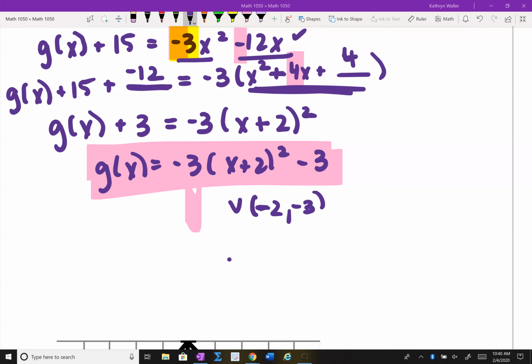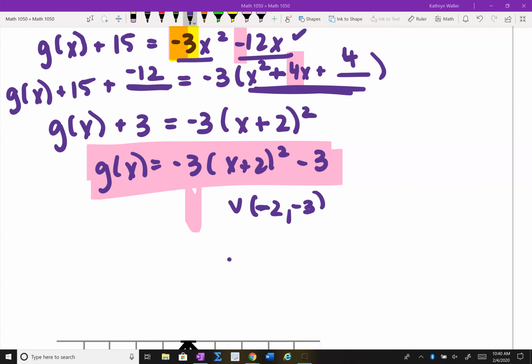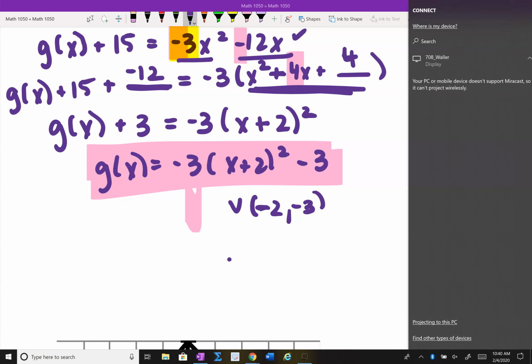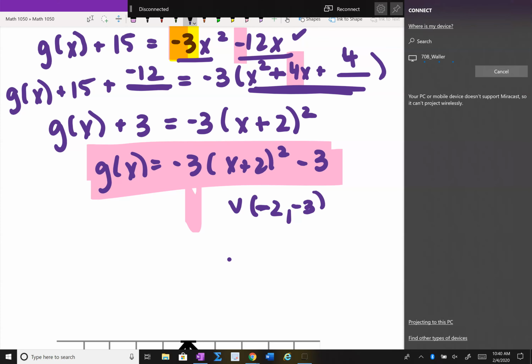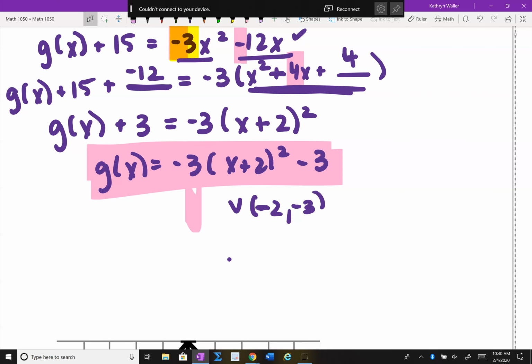Just lost my recording. It's all right. But I don't think it's going to connect. Give me 2 seconds. Sometimes if I just shut down the projector, it will reconnect.